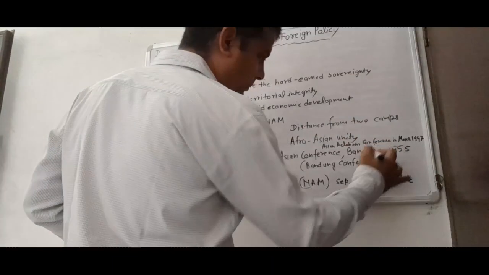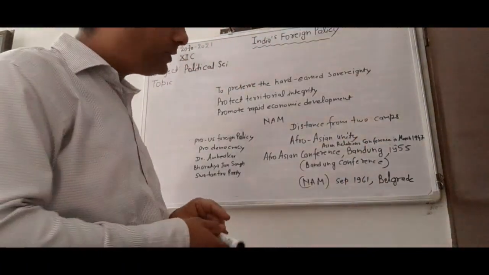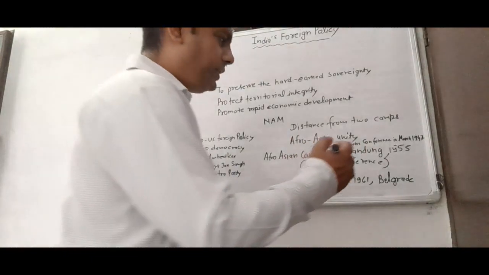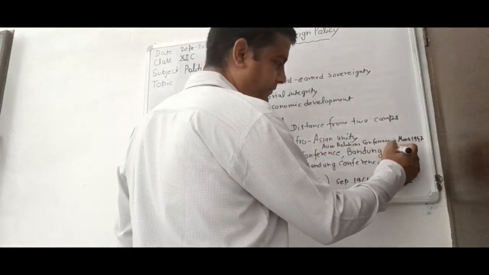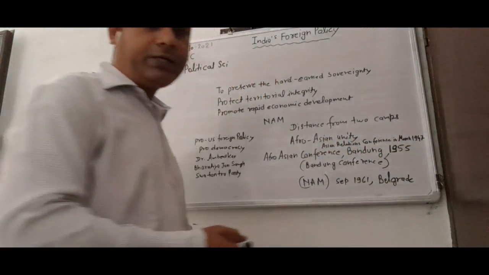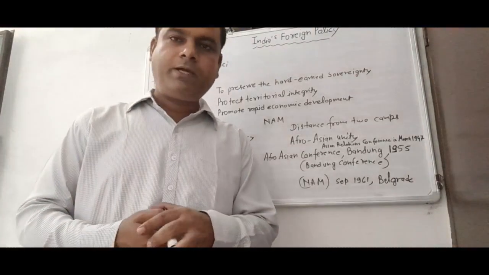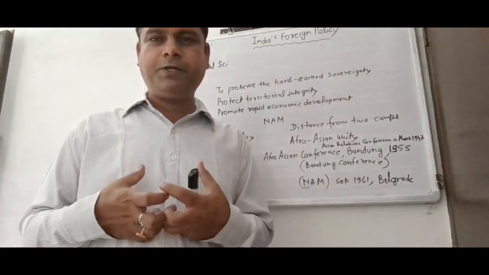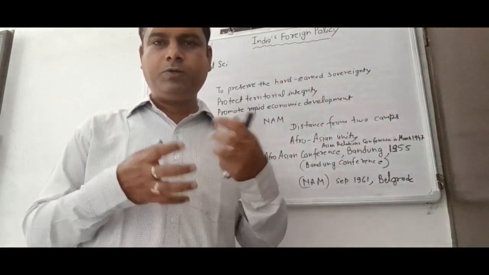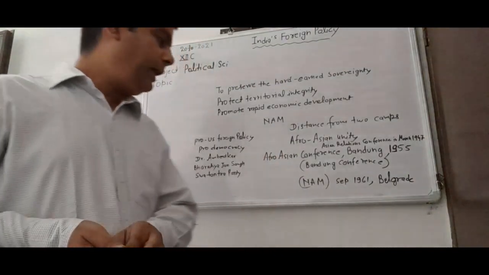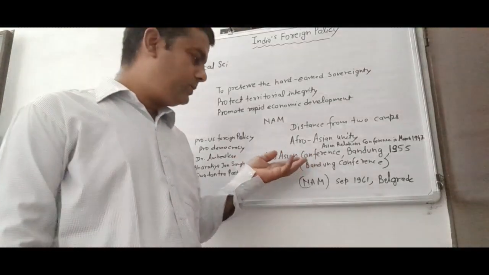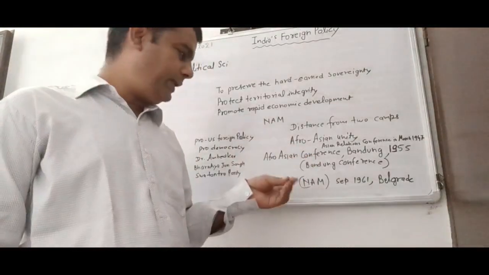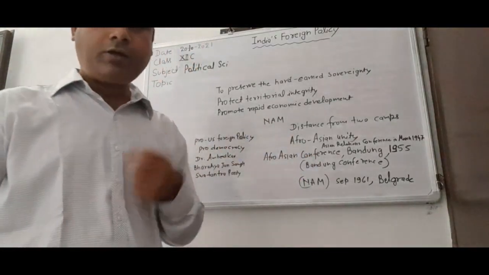The place is Bandung in Indonesia. The year is 1955. Here the Asian African leaders came and met. This conference is also known as the Bandung Conference.